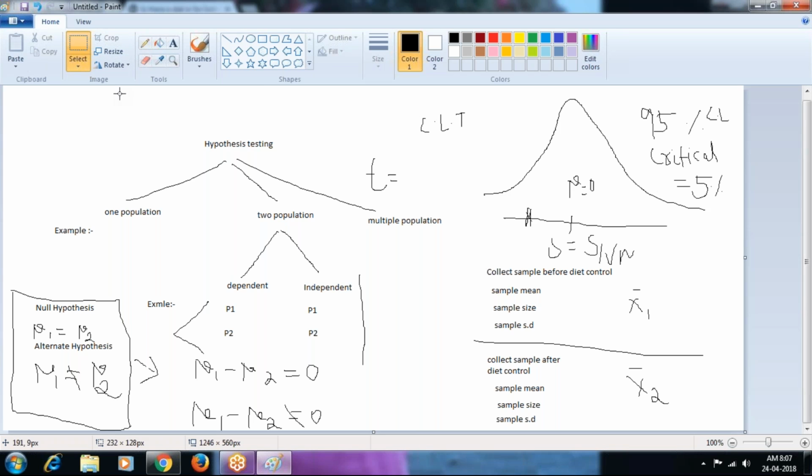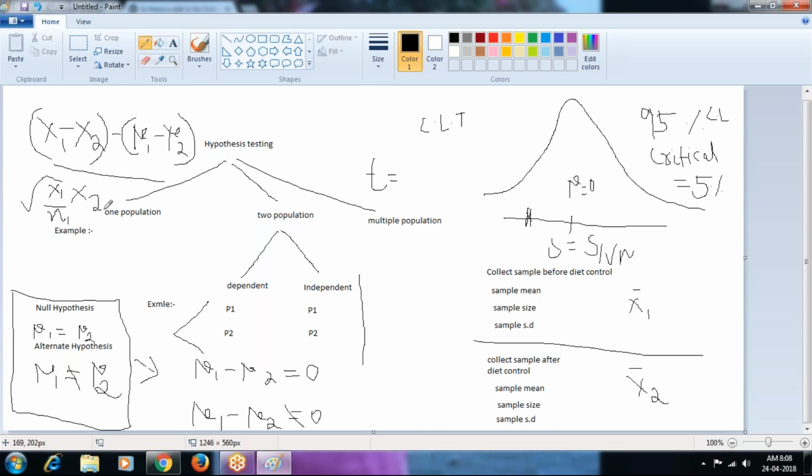x1 minus x2, minus mu1 minus mu2, over the root of s1 by n1 plus s2 by n2.